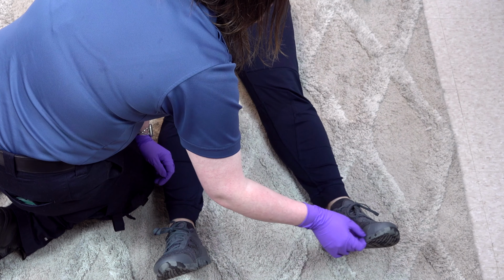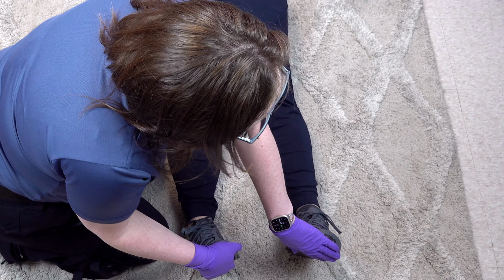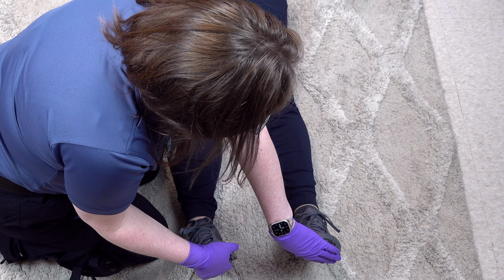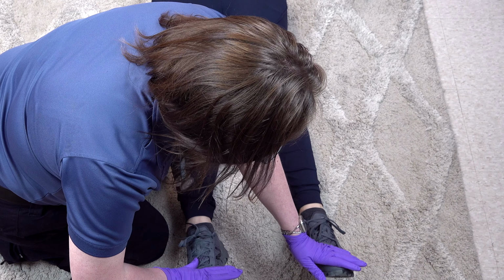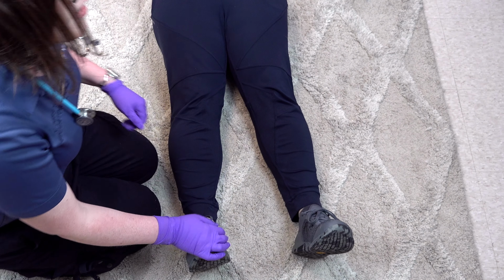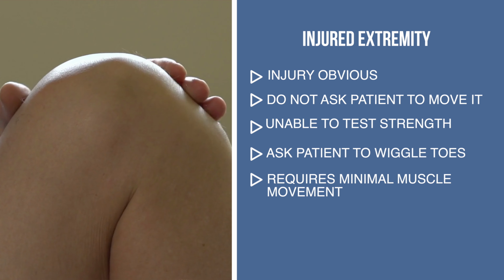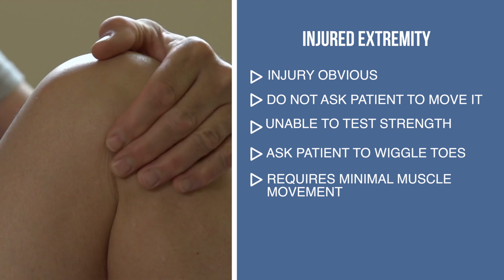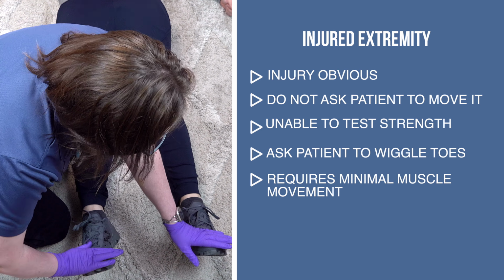If there are no obvious injuries to either extremity, I will check for motor function and equality of strength at the same time by asking the patient to push their feet down onto my palms like a gas pedal, then upwards towards their nose. If there are obvious injuries to an extremity, do not ask the patient to move that extremity. You will not be able to test for equality of strength.